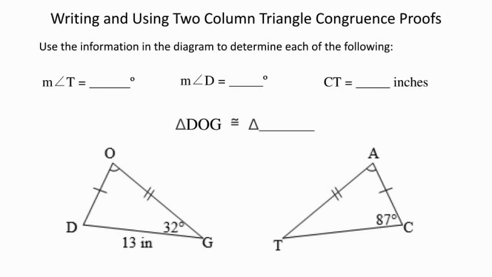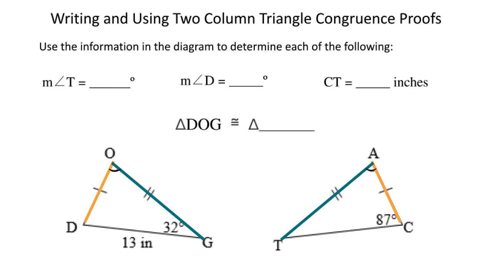Now let's look at this example of two triangles, and in the diagram, some sides are given as congruent, there's a pair of angles given as congruent, and there are some numerical measures for two of the angles and one of the side lengths. We can see that in the first triangle we have two sides and the included angle congruent to two sides and the included angle of the second triangle.